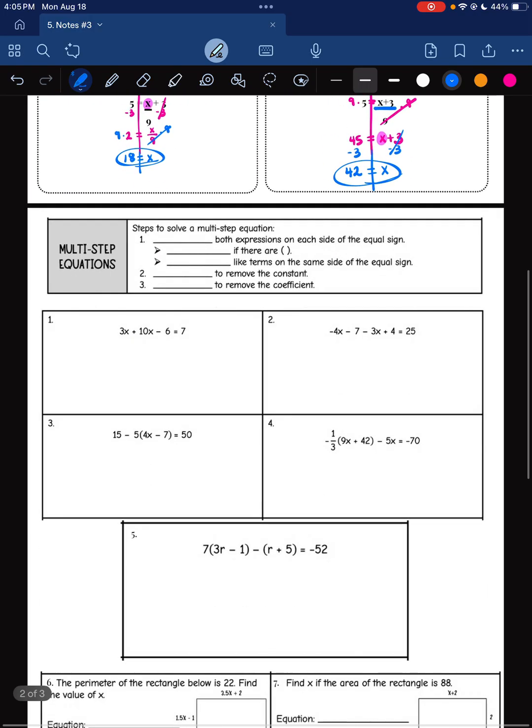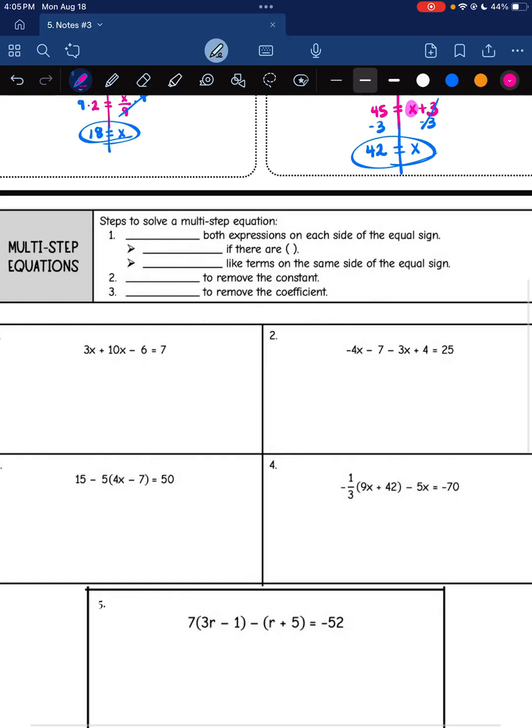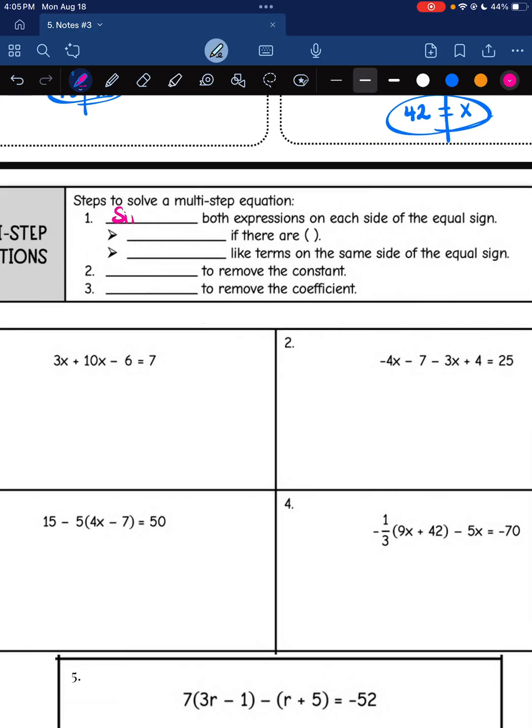Okay, for the back. So now we're going to combine pretty much the last notes and the first half of today's notes. So we're going to go ahead and simplify both expressions on each side of the equal sign by doing what we did before. So before we distributed, so distribute if there are parentheses and then combine like terms on the same side of the equal sign.